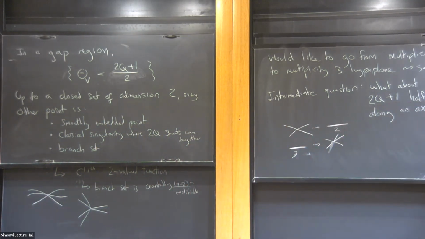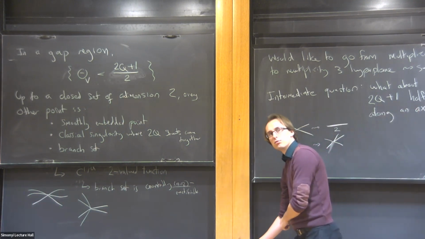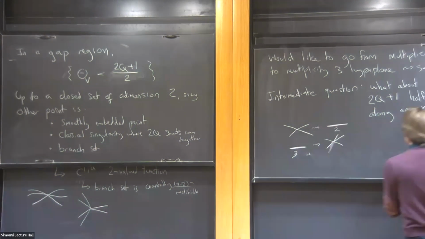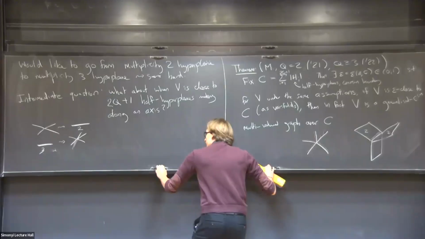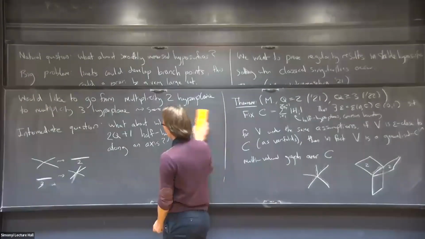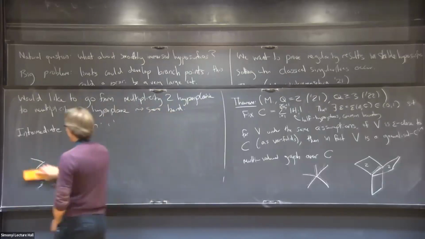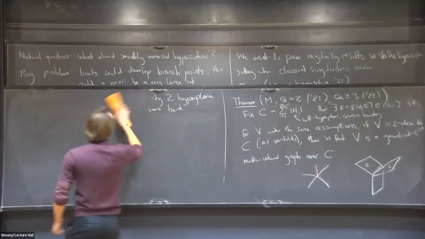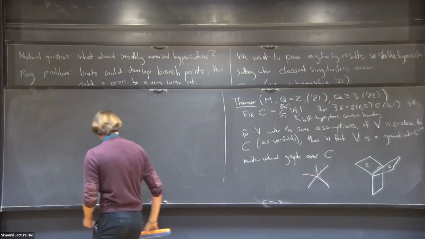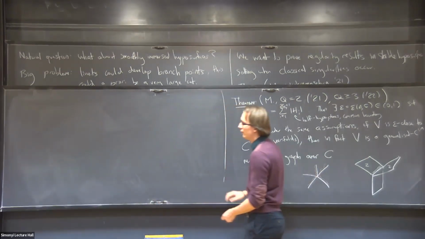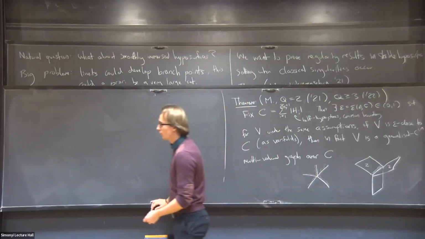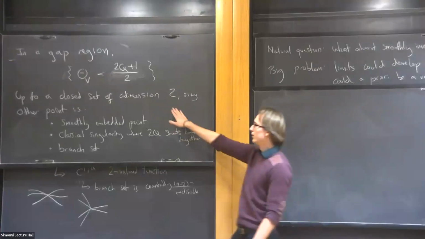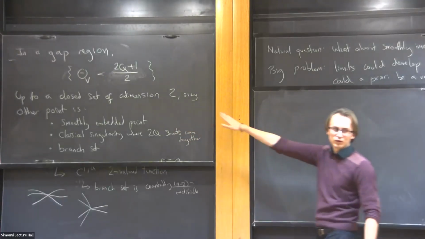So what this enables you to do is essentially restrict yourself to a setting where you avoid this bad set. It's closed codimension 2.